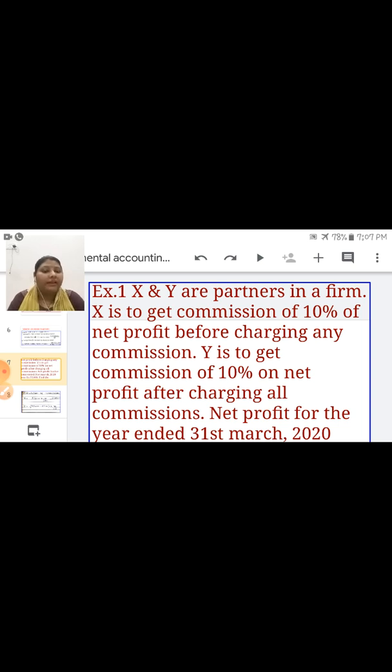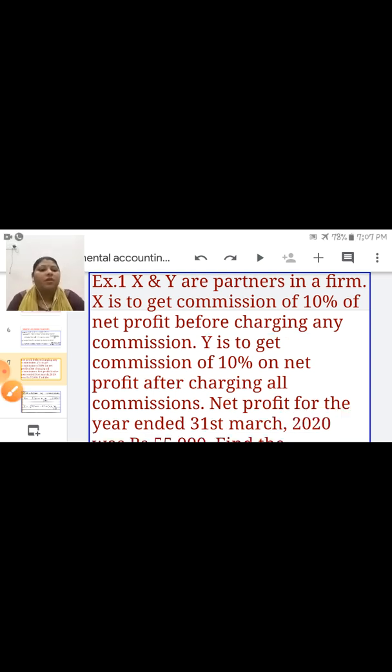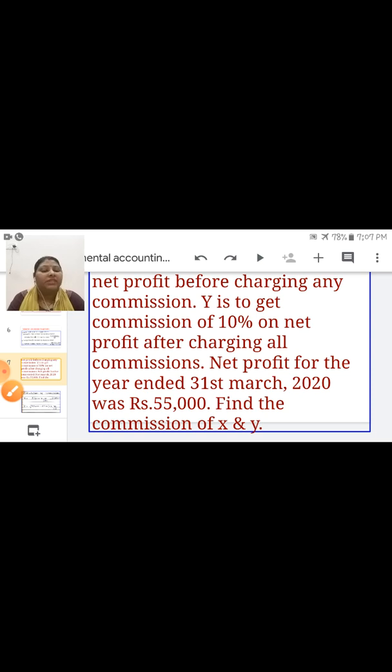Not 110, 10 upon 100, because this statement is given before charging. Now, Y is to get commission of 10% on net profit after charging all commission. Here Y's commission is given 10% after charging, so after charging means 10 upon 110 you have to apply.